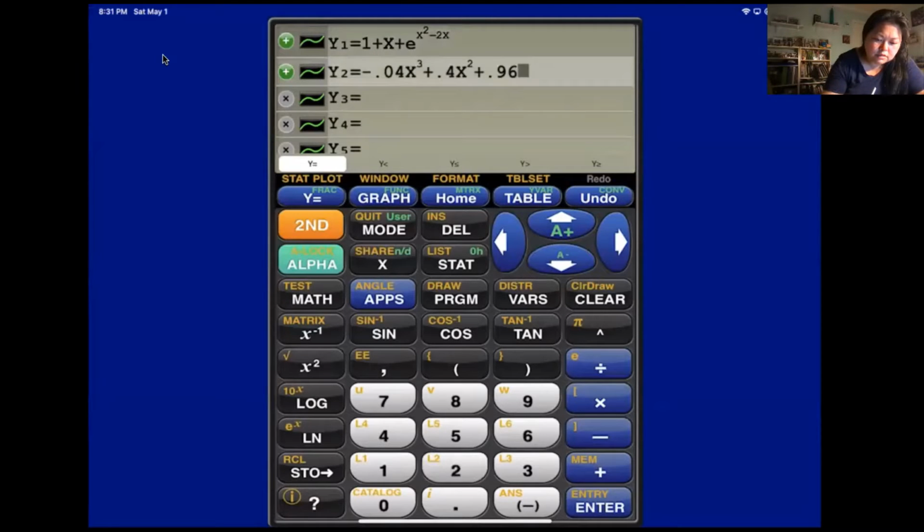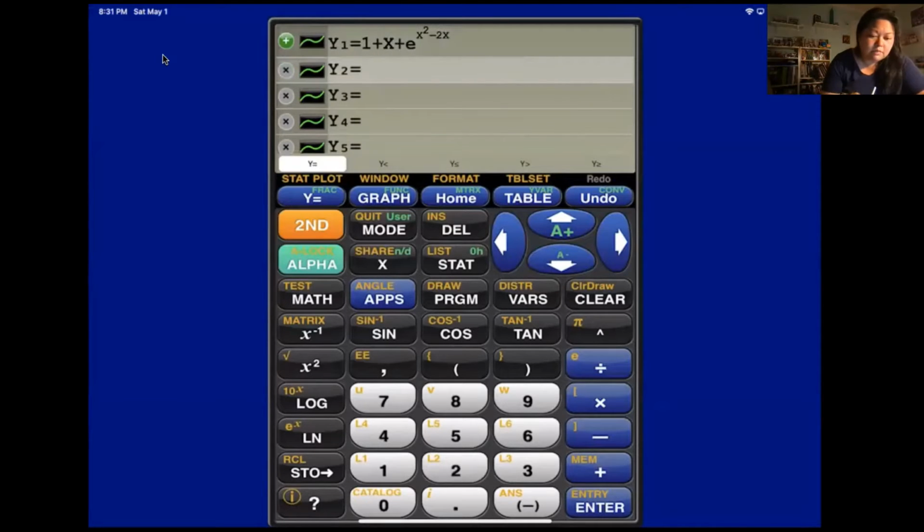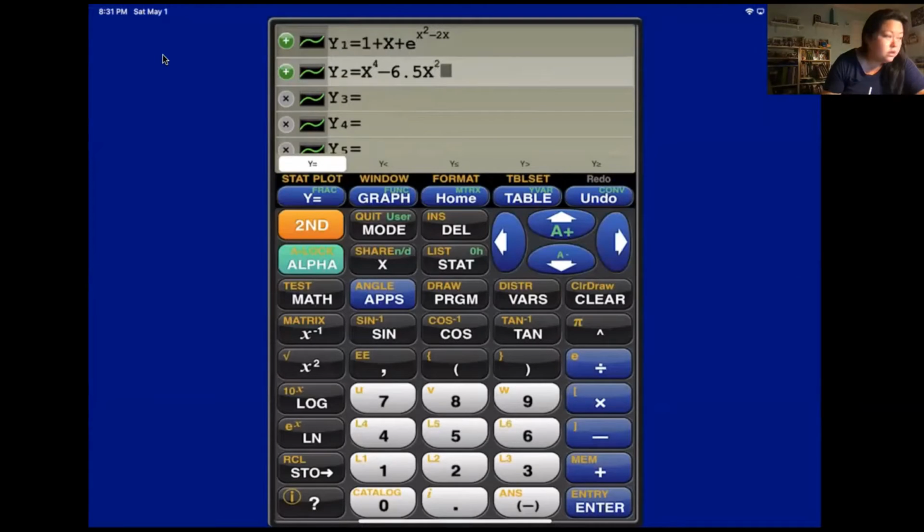That is very beautiful. Double check, you always want to double check you wrote everything down correctly. X to the fourth minus 6.5 x squared plus 6x and then plus 2.